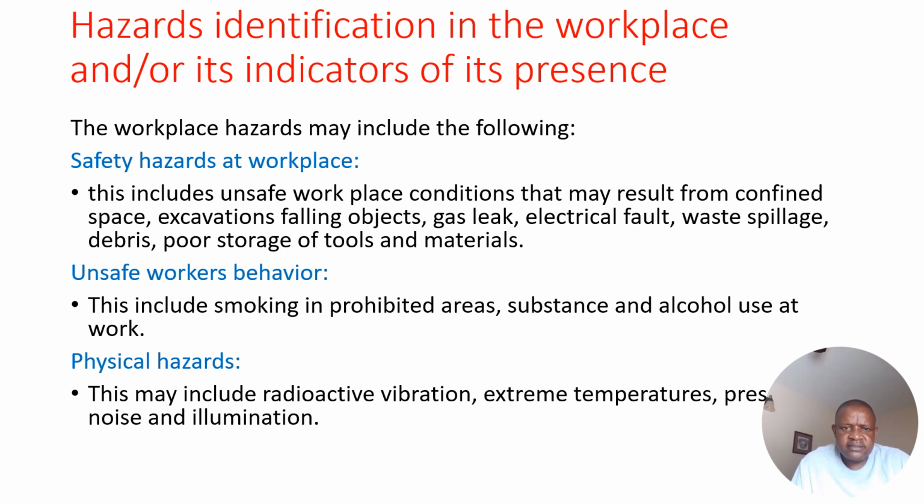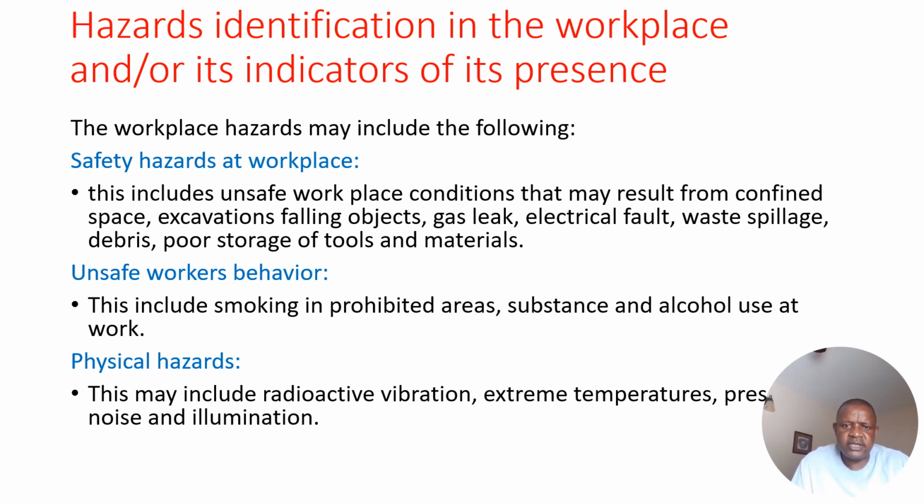Safety hazards. These include unsafe workplace conditions that may result from confined space, excavations, falling objects, gas leak, electric fault, waste spillage, debris, poor storage of tools and materials. Those are safety hazards at the workplace. Then unsafe work behaviors.